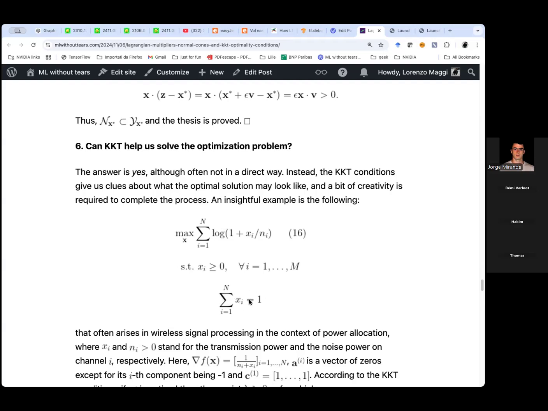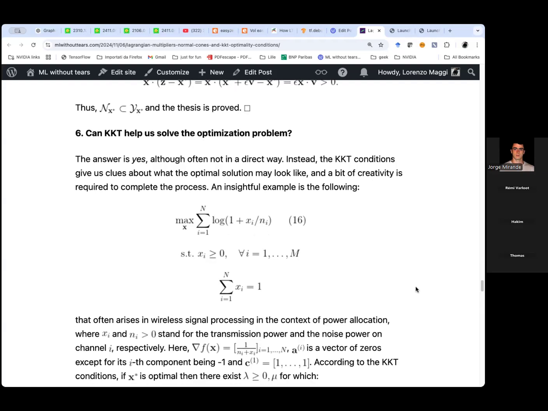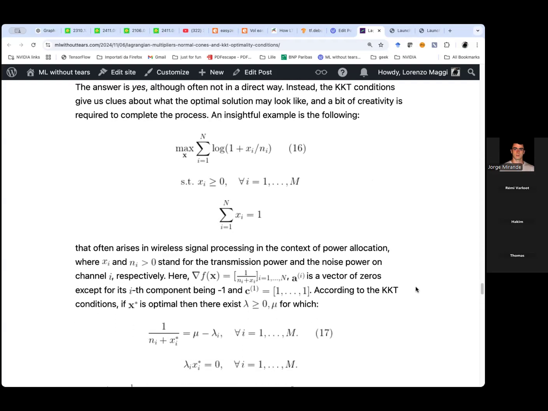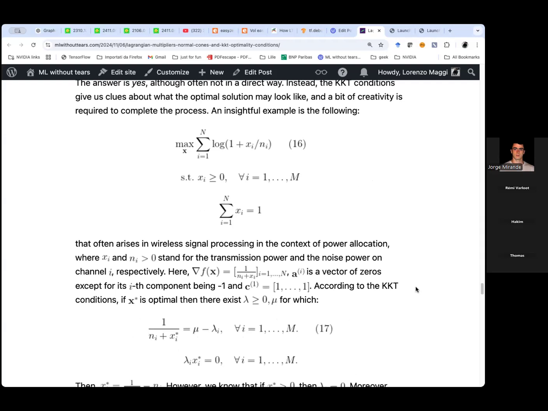And this can be interpreted as a constraint on the powers. And instead of one, you can put whatever you want. So basically, in some sense, we're trying to maximize the sum of the rates across users by tweaking the powers. But at this point, we don't really care about the analogy. We just care about writing the KKT conditions and seeing whether we can do something with them.